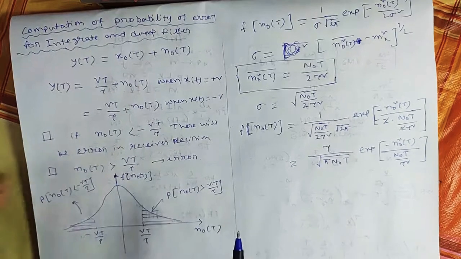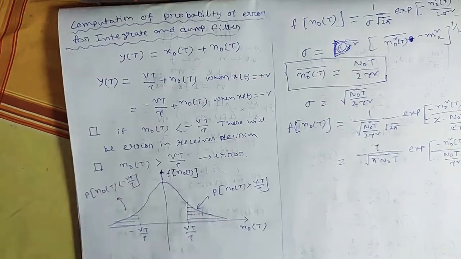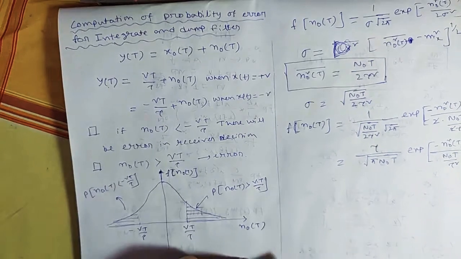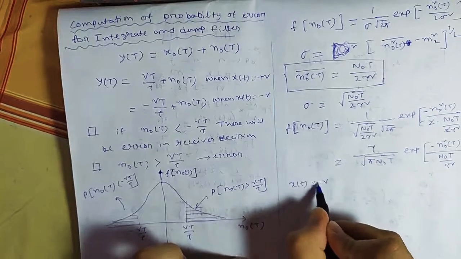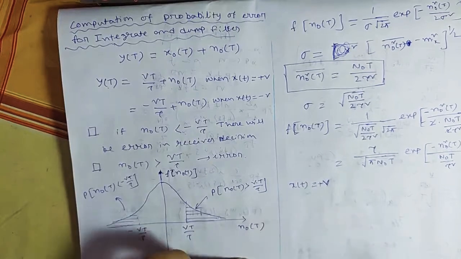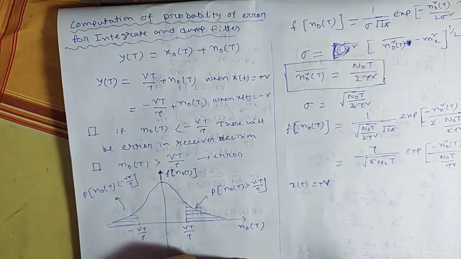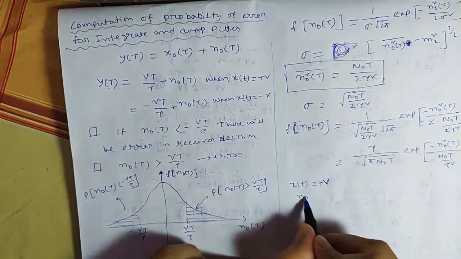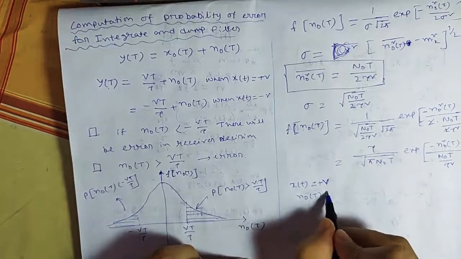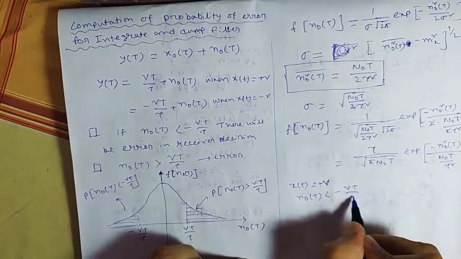As we have already seen, if we transmit v, suppose we have transmitted x(t) equals plus v, then error will occur if n0(t) is less than minus vT by tau.